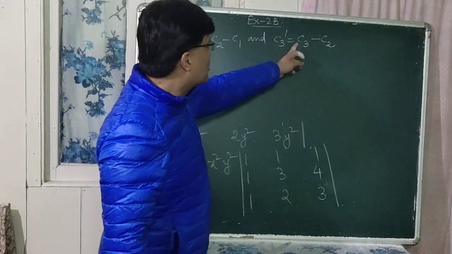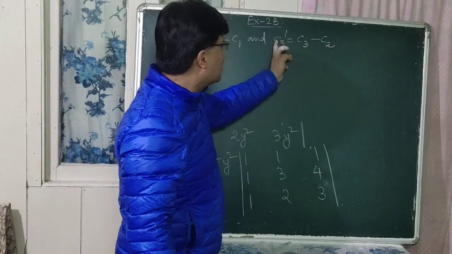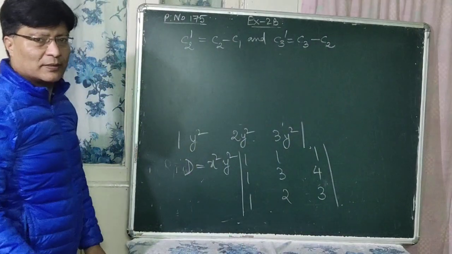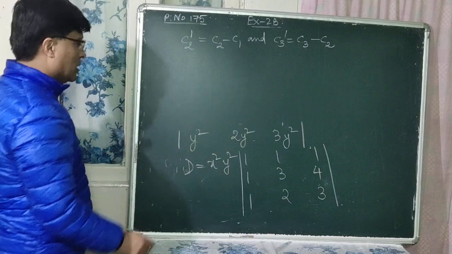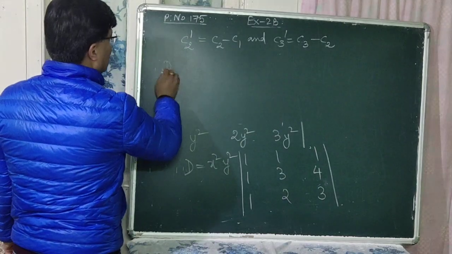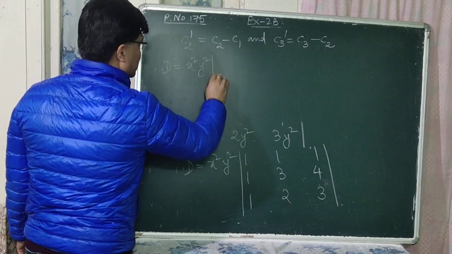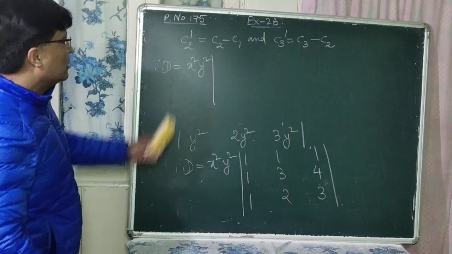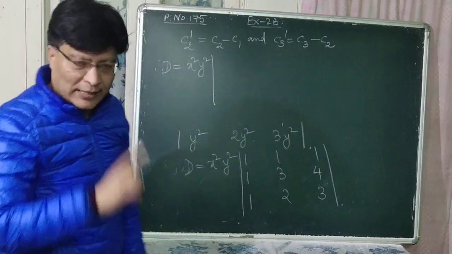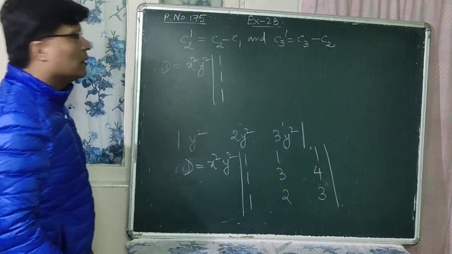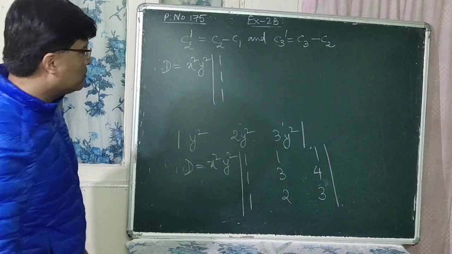So C3 dash is equal to C3 minus C2 or C3 dash is equal to C3 minus C1 is also fine. Is everyone understanding? So now, therefore D is equal to x square y square as it is. Now here column 1 is not changing, it remains the same, that means 1, 1, 1. Now what is the new second column?